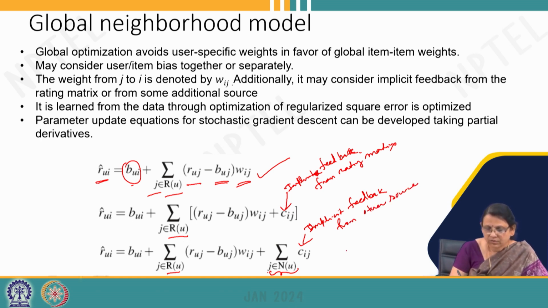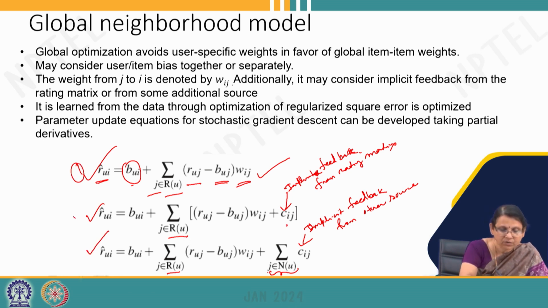Okay. So, now with this we move ahead. So, these are basically three different models. In this model the concept of only the weight is there for the item, and in this case with respect to rest of the items, and in this case along with that weight we consider one implicit feedback which is available, which is derived from this rating matrix, and this is a third model.